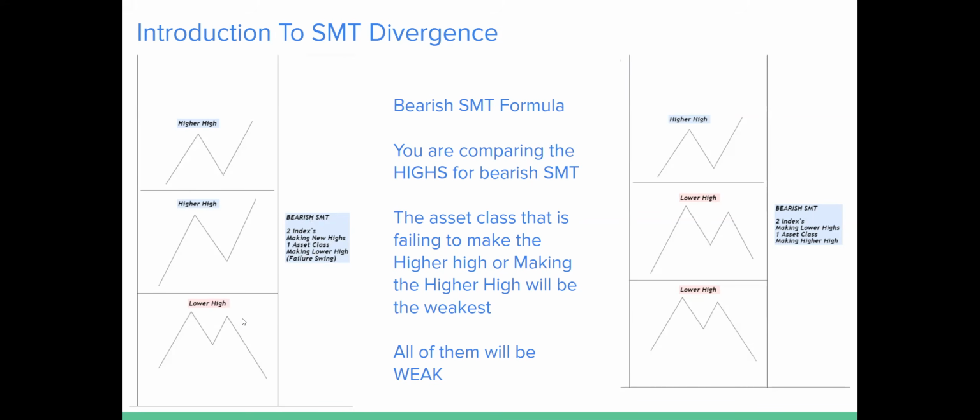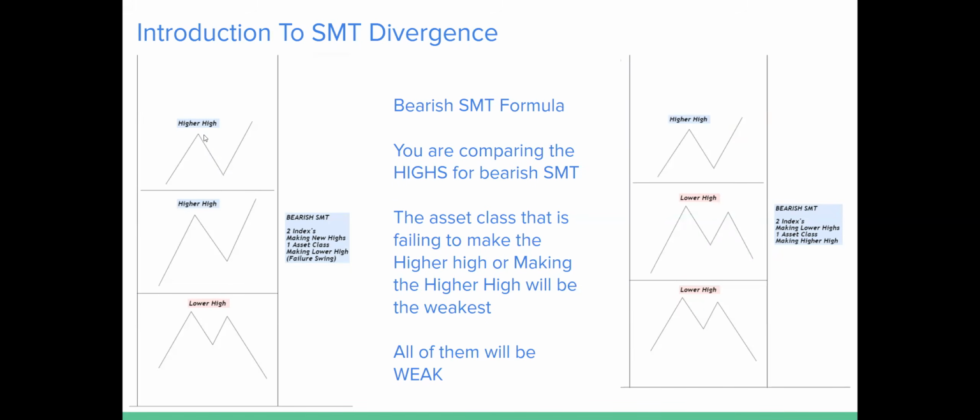It's a divergence between them, right? So it's tipping its hat to you that, okay, price is diverging. More than likely, YM will be the weakest. It's never going to always be YM. It could be NQ that is failing to make that higher high, and YM and ES are both making the higher highs.